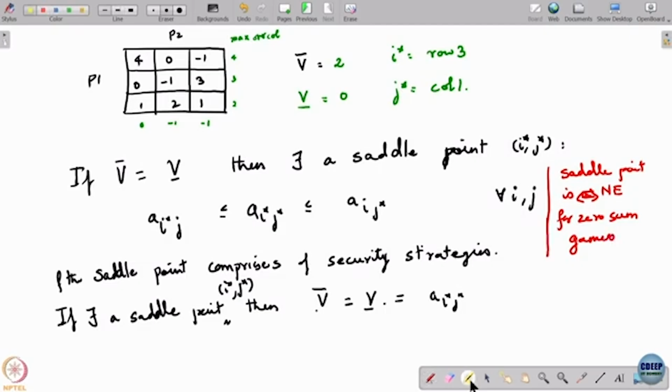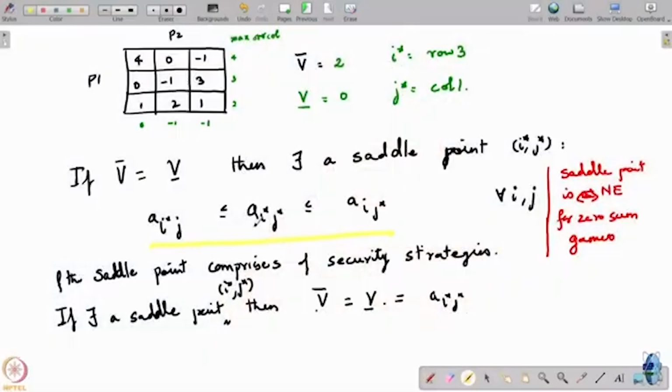Now, here's something to take note of. The way the saddle point is defined is that it requires you to define that pair. In fact, this definition of saddle point is exactly what you encounter in multivariable calculus, optimization, saddle points, and so on.